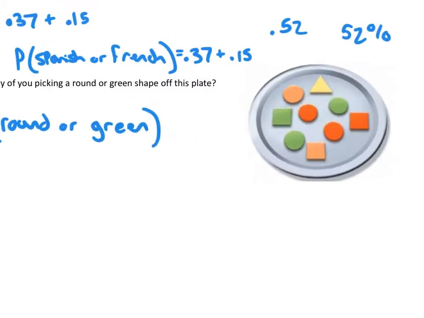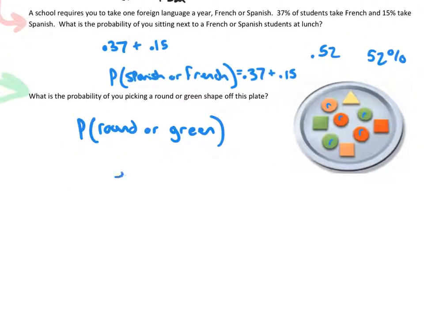When we look at it, here's a round, here's a round. So we have 1, 2, 3, 4, 5 round out of a total of 9 shapes. That's the probability of getting a round shape. Now we're going to add it with the probability of green. You can see that there's 3 green out of 9.